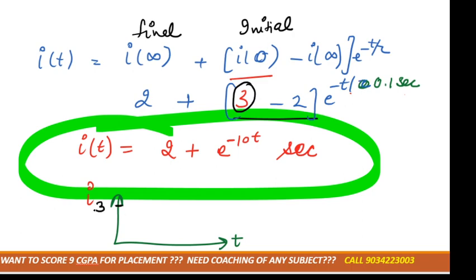So start from the 3, and final value how much we got? 2 ampere. So it ends at 2, and it is exponentially decreasing, right? Because there is a negative sign, so the graph would be like this. It starts from 3 and it ends at 2. Okay, so this is the graph for current. Got it?